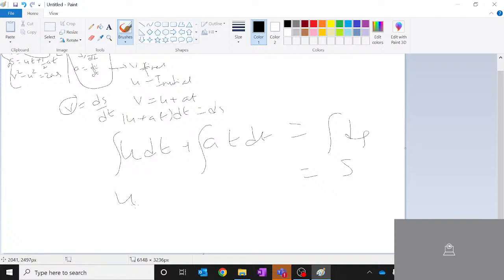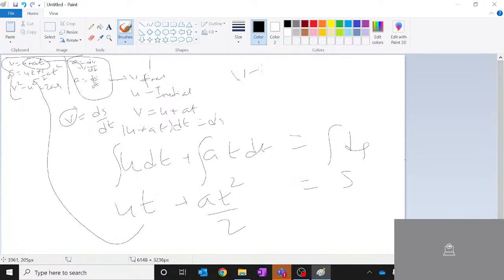The integral of a constant is t, plus, now a again is a constant, so a comes out, and the integral of t dt is t square by 2. So this is how you have derived this equation. Similarly, we can derive your other equation, v is equal to u plus at, using this equation.